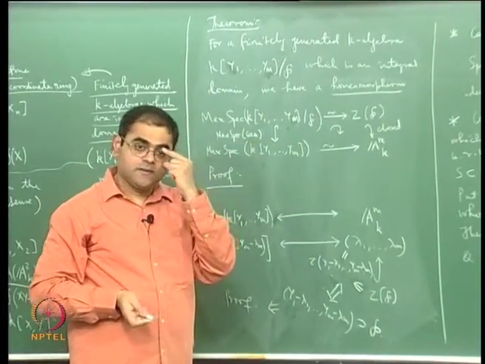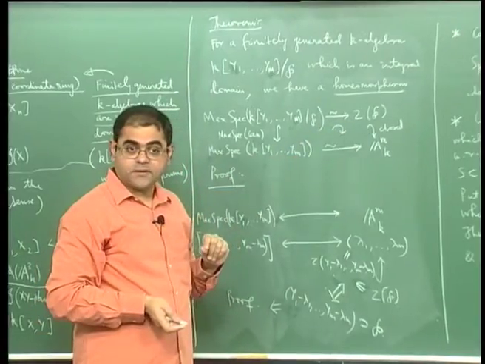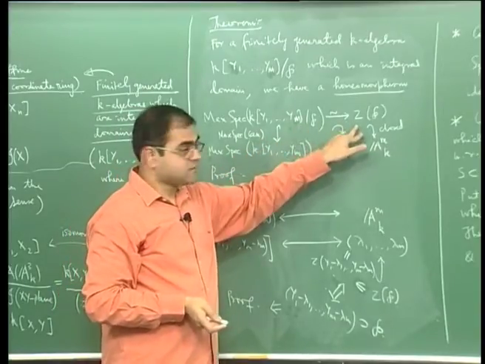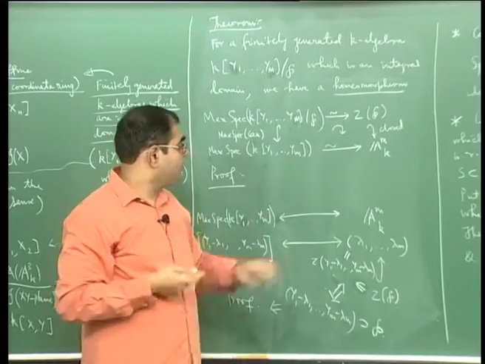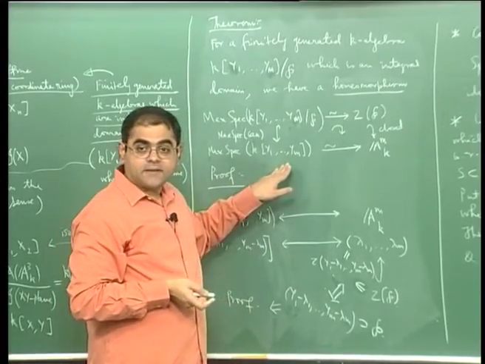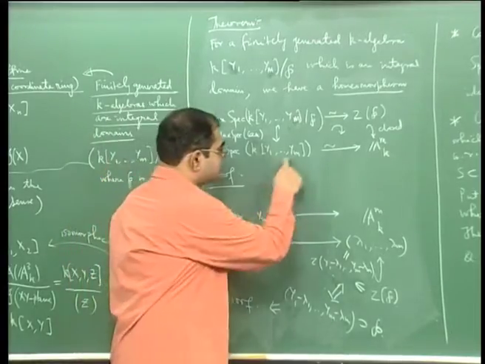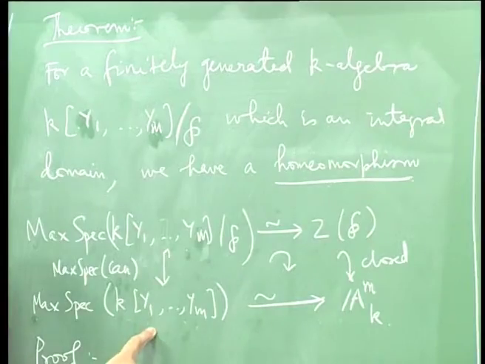Now to show that it is a homeomorphism, you will have to show that this is a continuous map in both directions, okay. Now that is something that you can very easily check, okay. So for example, let us show that this map, the identification due to the Nullstellensatz, okay.